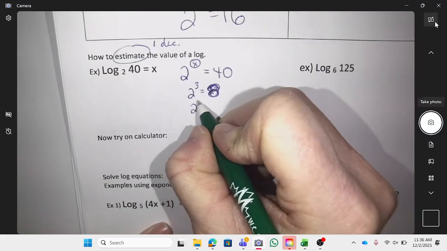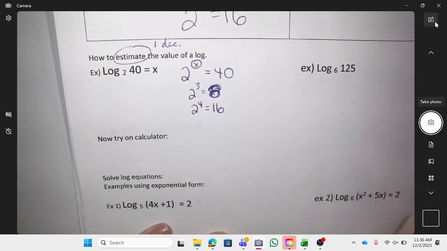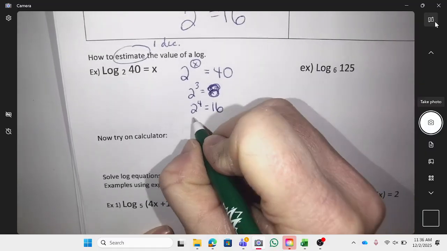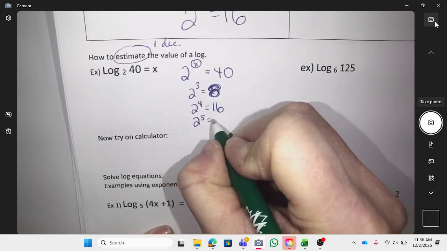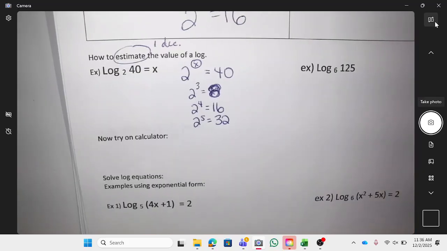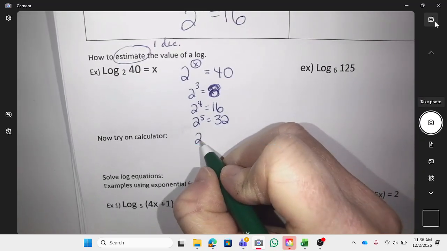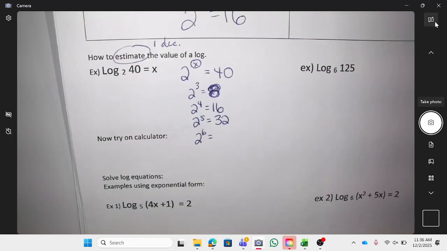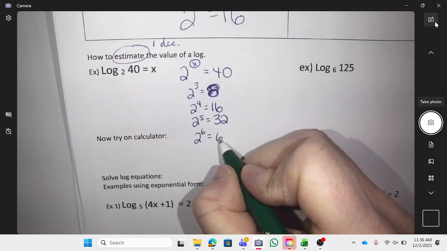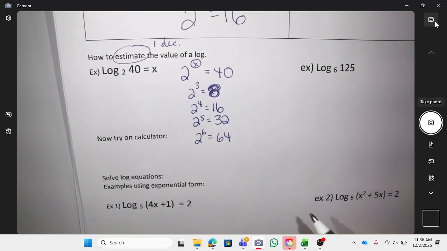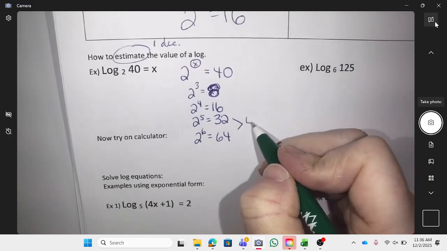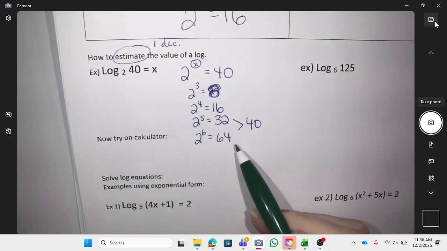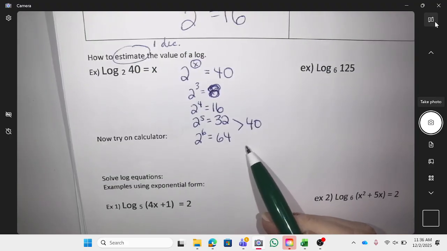What else do I know? 2 to the 4th is 16. 2 to the 5th is 32. What's 2 to the 6th? Does anybody know without their calculator? 64. Okay. So 40 is somewhere between there.